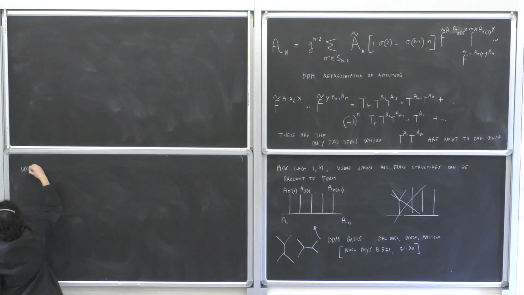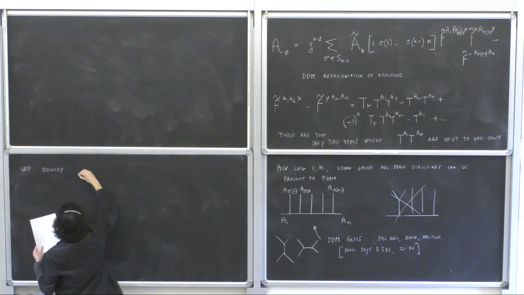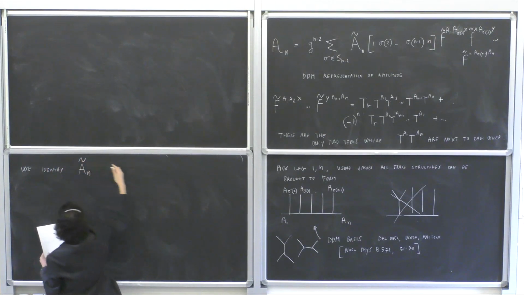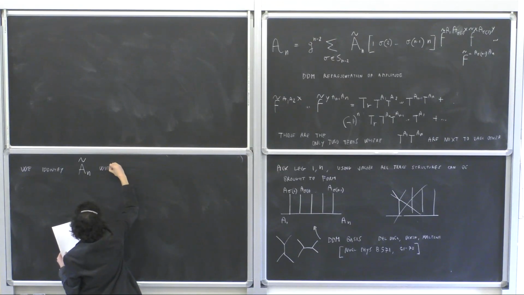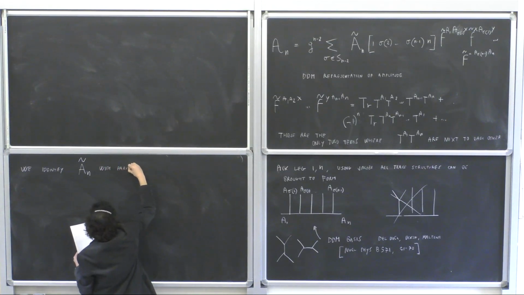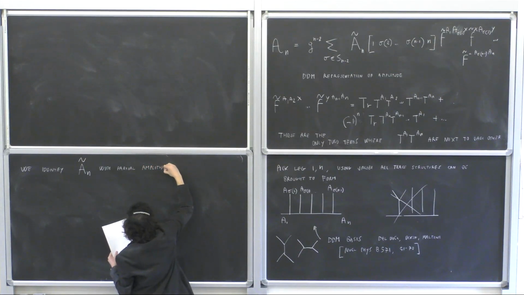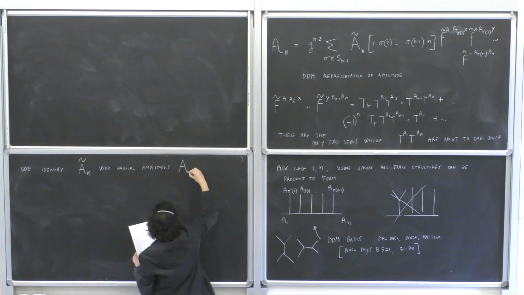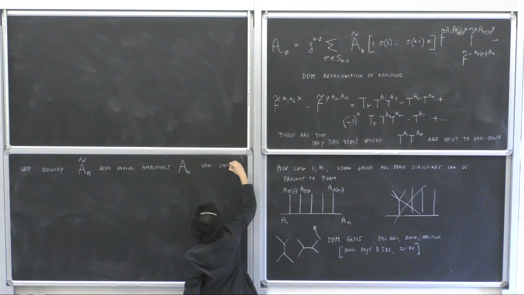we identify this AN tilde amplitudes, the one in the DDM representation, with the partial amplitude, with the same ordering.